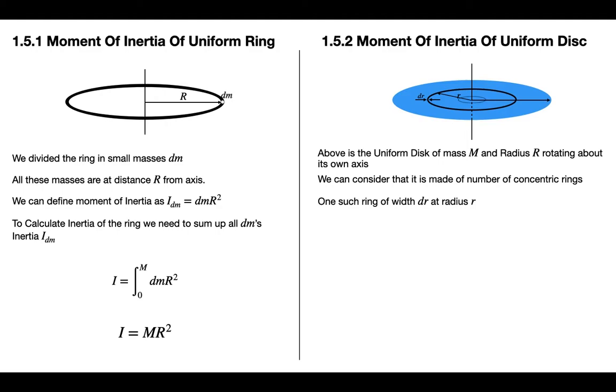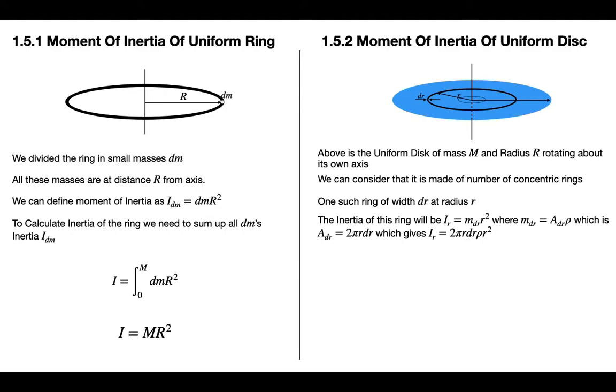So this particular ring has width dr and radius r. The inertia of this small ring, IR, is equal to the mass of that ring, mdr, into r square.